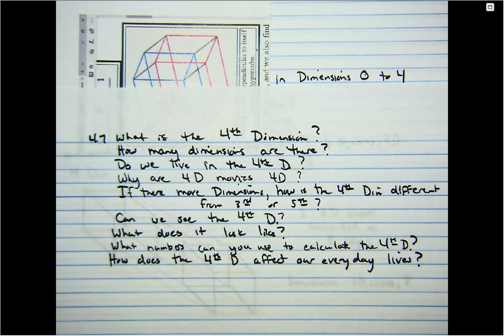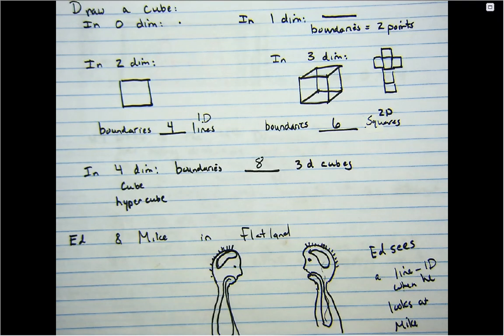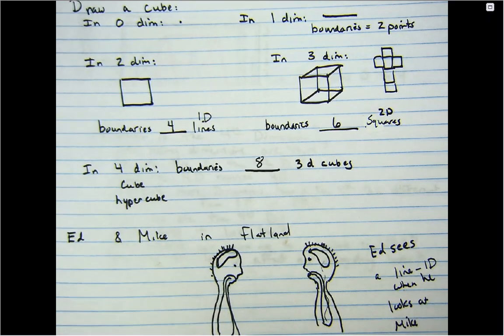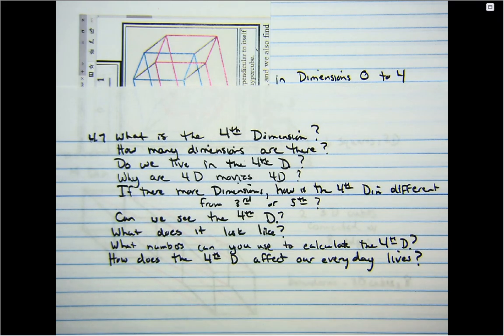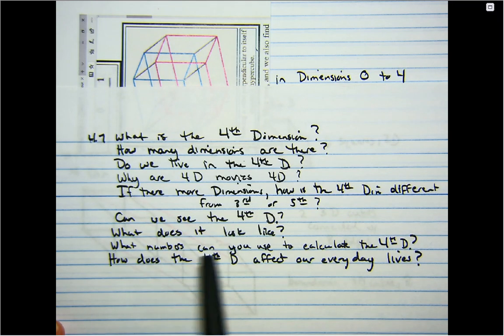We get little glimpses of it, just like the poor Flatlanders, unable to see out of their second dimension into the third dimension. We have difficulty seeing the fourth dimension, but there are experiments that are bringing little hints of it to us. What it looks like: it should be perpendicular to the third dimension. It should include another perpendicular direction.